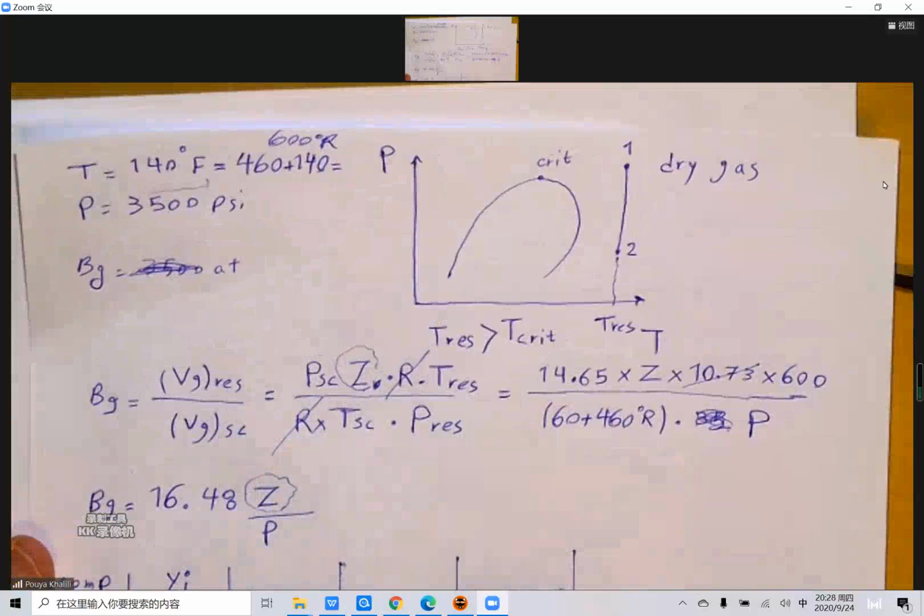The R is in the gas reservoir section, so in the numerator there is R. However, in the denominator there is no R. You can check the compendium also. The compendium, Reservoir Fluids, equation 8.18.